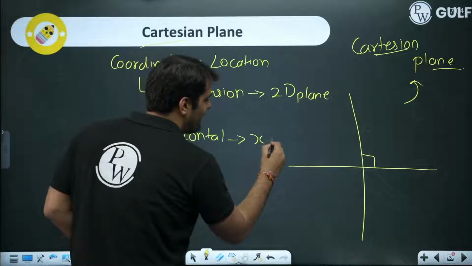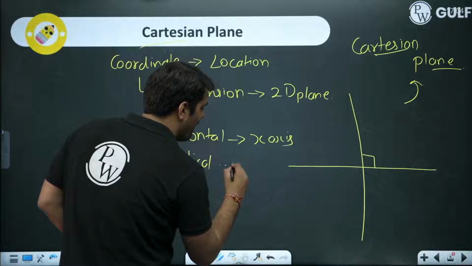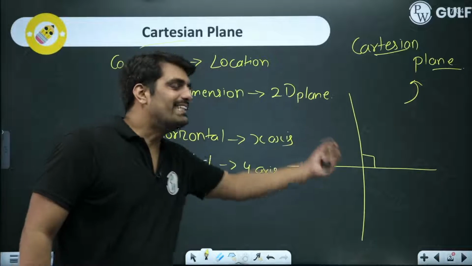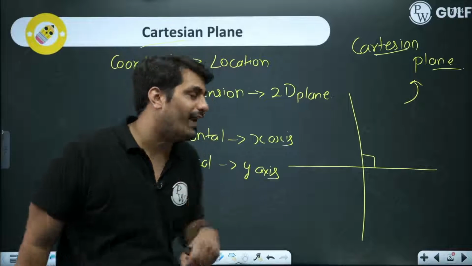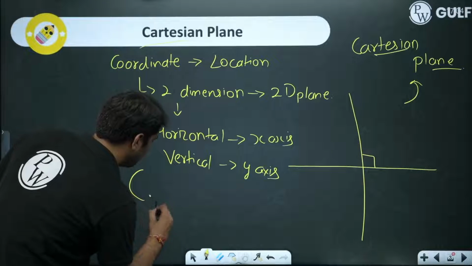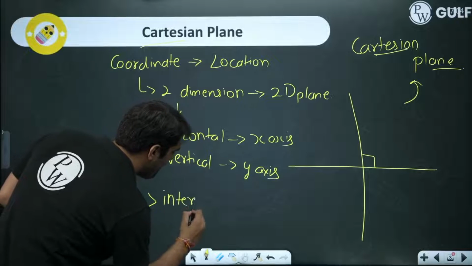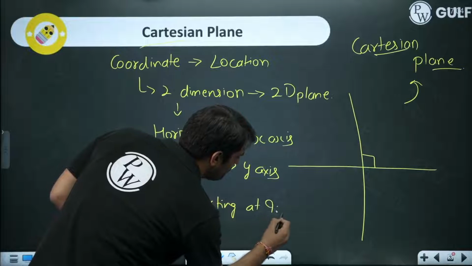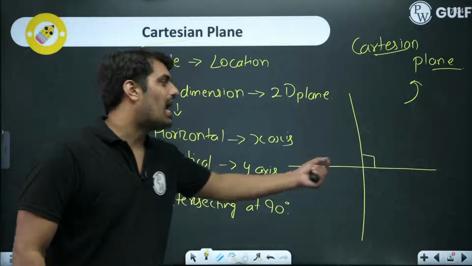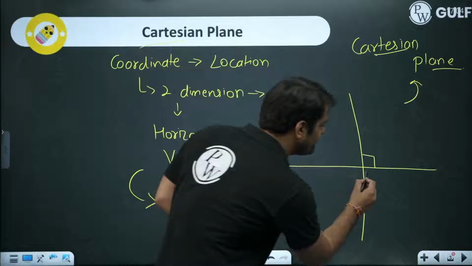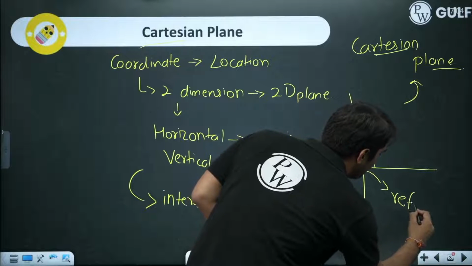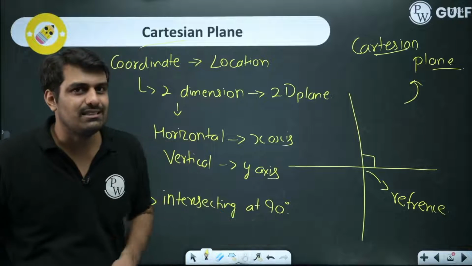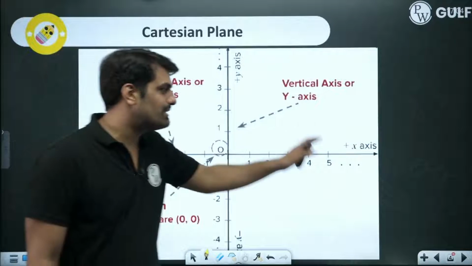We use one as the x-axis and the other as the y-axis, both cutting each other at an angle of 90 degrees, intersecting at 90 degrees. Fair enough. And this particular point is our reference point. So ultimately we came up with a proper system, and this is how the system looks.